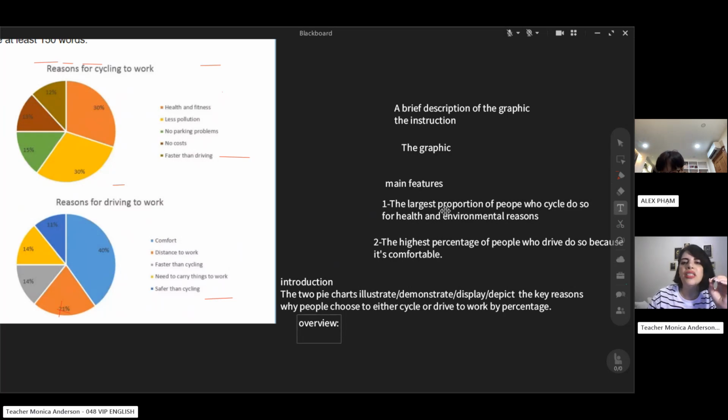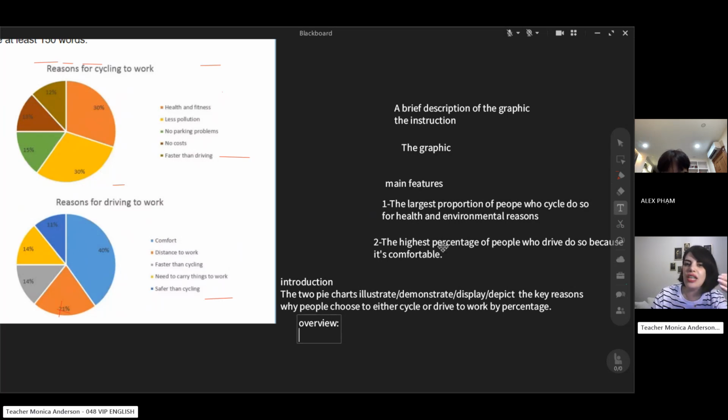So the largest proportion of people who cycle have made this choice for health and environmental reasons. Now I can compare, whilst or while, the most important advantage, the prime advantage of driving to work.